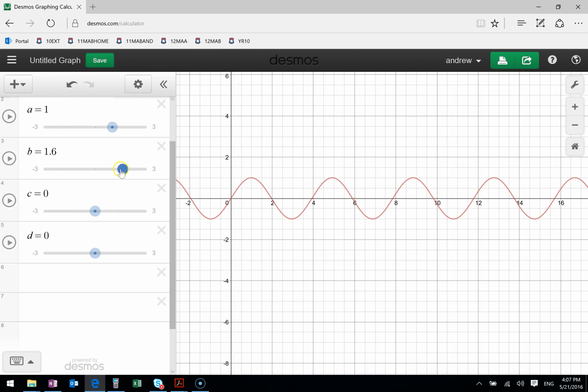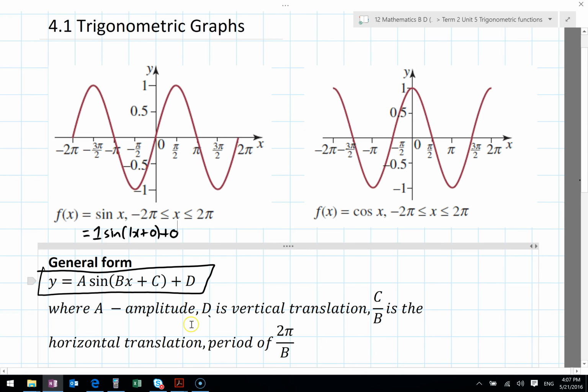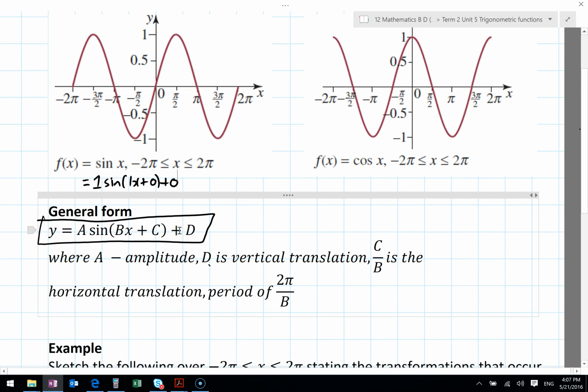So if B is greater than 1, it gets faster. If it's less than 1, it gets slower. And the C value is responsible for shifting it left and right. This is all just review. In these notes it says A is the amplitude. So on this diagram we can show an amplitude.